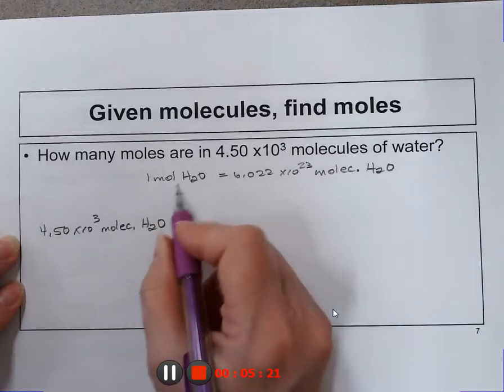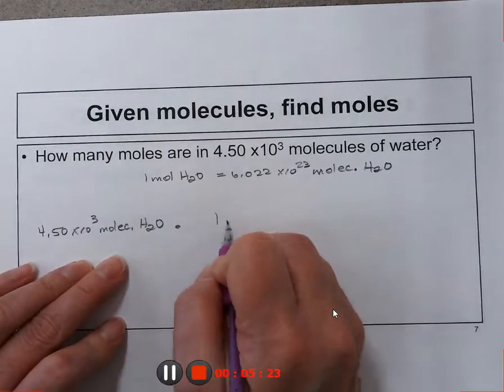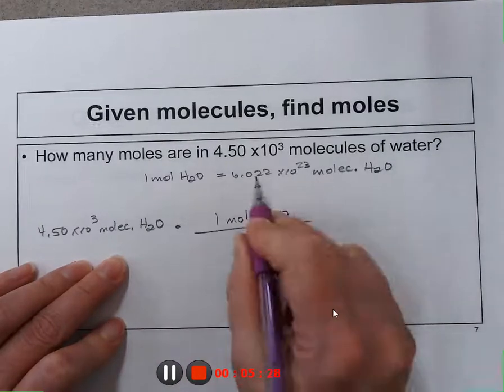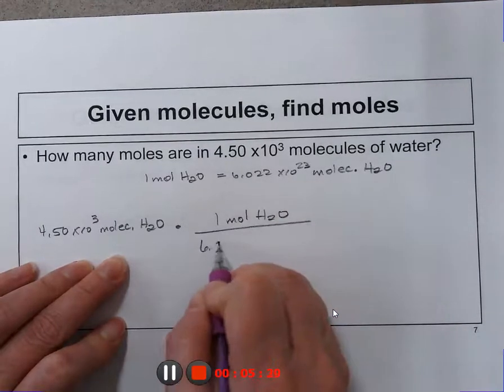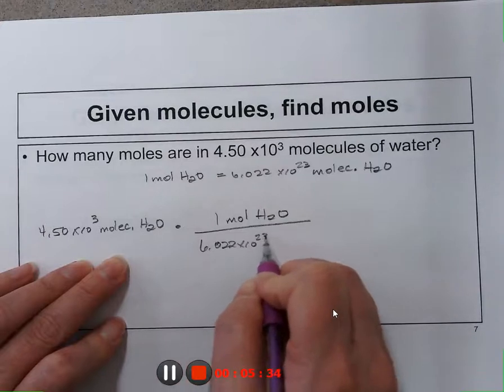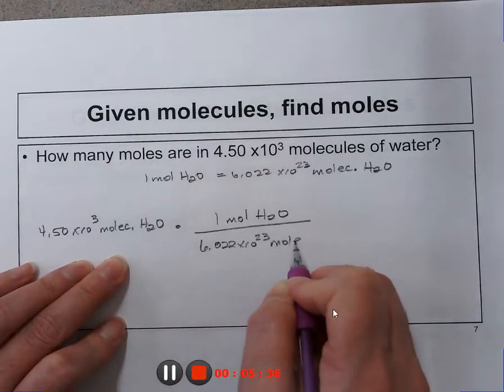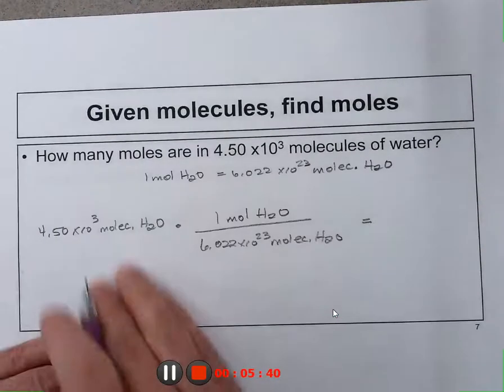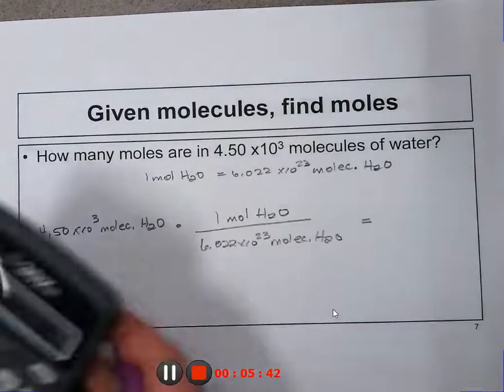I'm going to multiply that times 1 mole of water over Avogadro's number of molecules, because we want molecules to cancel, so that has to go on the bottom. And then this just becomes another division problem.